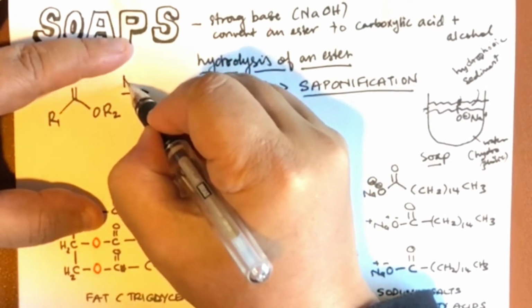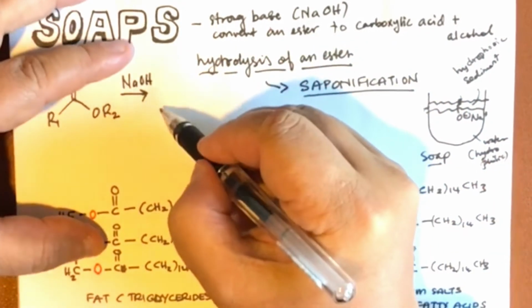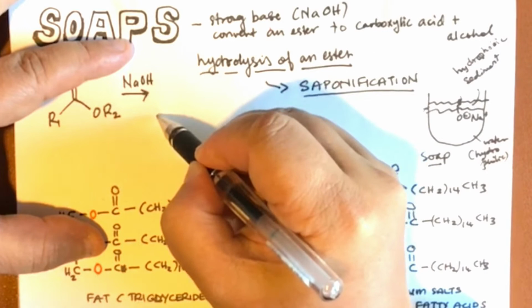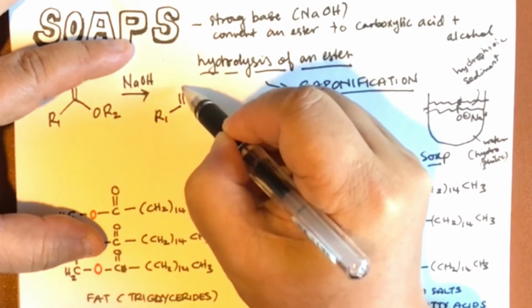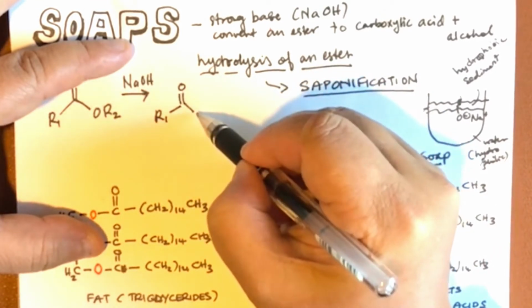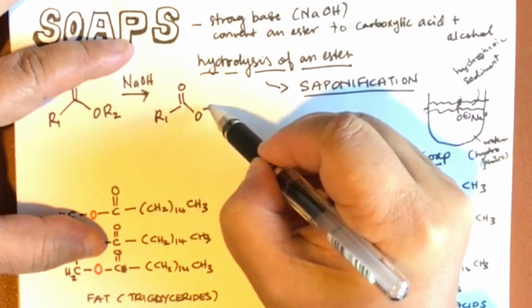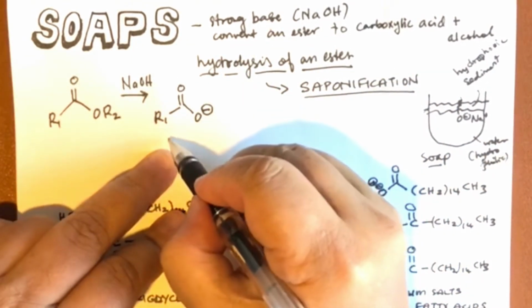You have sodium hydroxide, a strong base. What would happen is that you'd have R1 and then O, and the first thing that would usually happen is a negative charge.